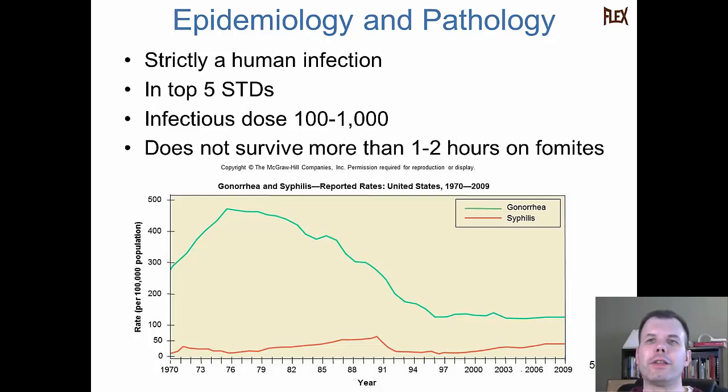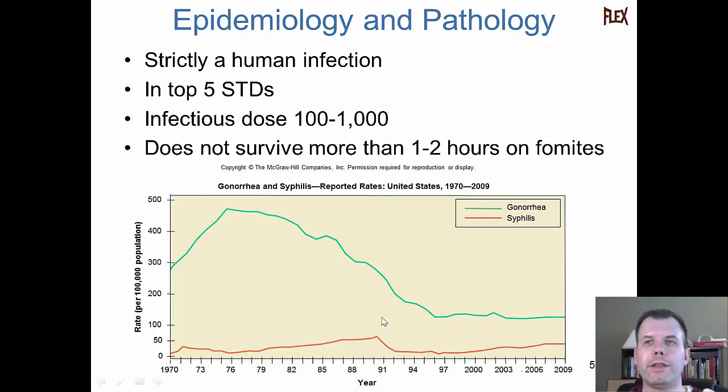Now, if you look at the trend over the last 30 to 40 years, you can see that gonorrhea and syphilis were quite high during the 70s. This is when there was a lot of free love and promiscuous attitude. As the AIDS scare came along and people started using condoms and practicing safer sex, we saw the number of gonorrhea cases go down tremendously.